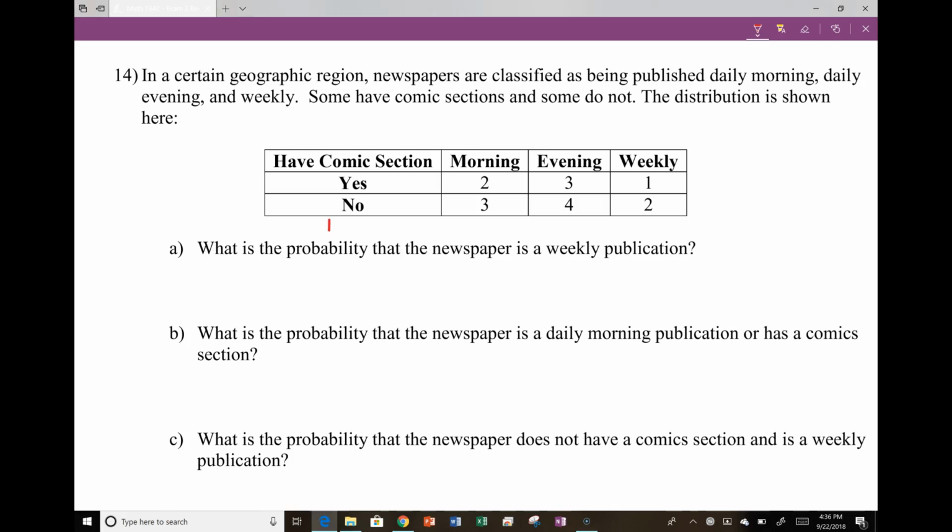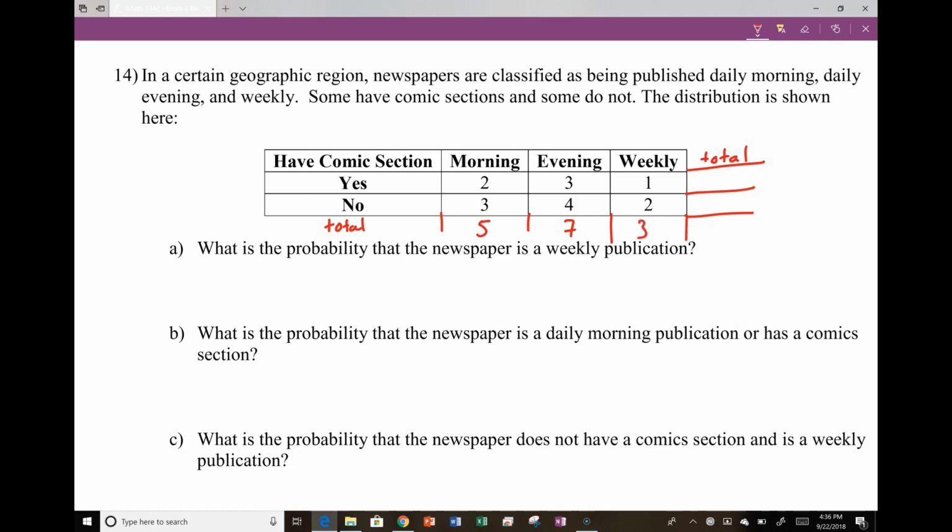So what I need to do is, because I don't see a column and a row for my totals, I need to add those totals up so that I can see there are 2, 3, 4, 5 newspapers distributed in the morning. There are 7 newspapers distributed in the evening.